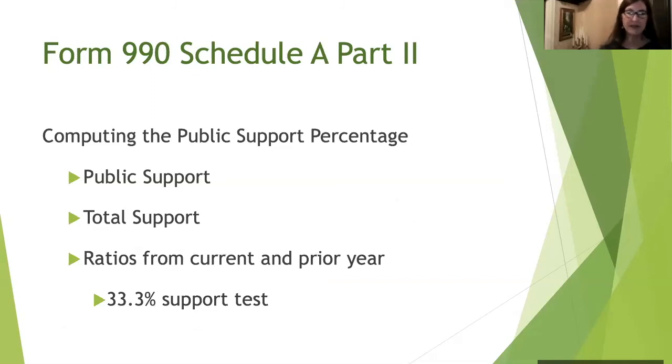Then they also want to know where you got your money, and they want your money to come from the public. And so you go through a process of computing where all your money comes from, and they want you to have at least 1/3 of your revenue coming from the public. And that is predominantly donations. That's what they're looking at, is your money coming from donations.